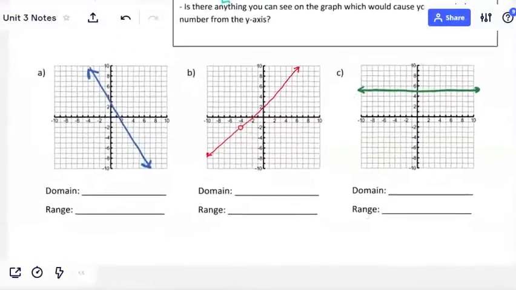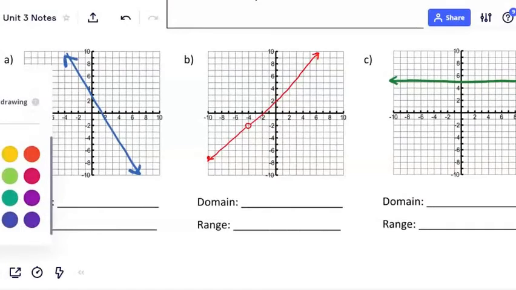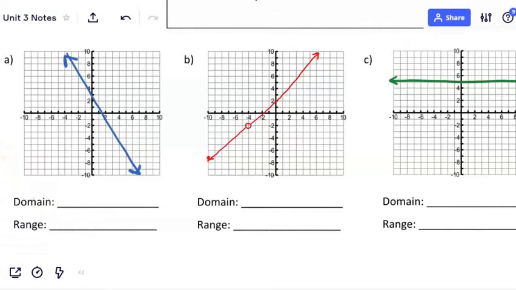So for our first example, we're going to consider what's happening as we go to the left and to the right for our domain. This is the left side of my graph. It's going to keep going forever up into the left. So for my domain, it's going forever to the left. If it's going forever to the left, then it's going to negative infinity.